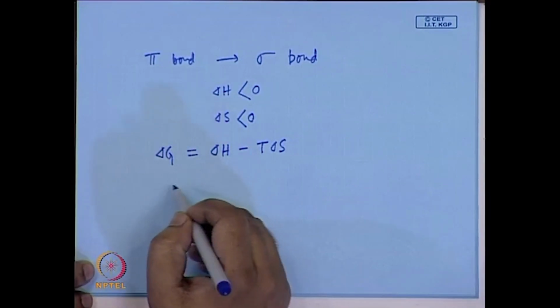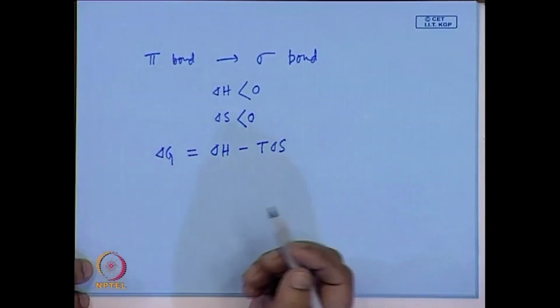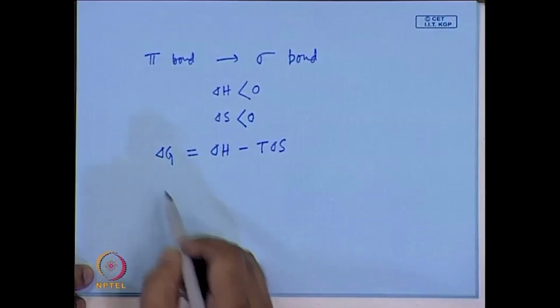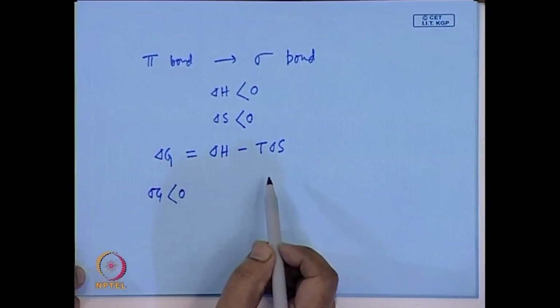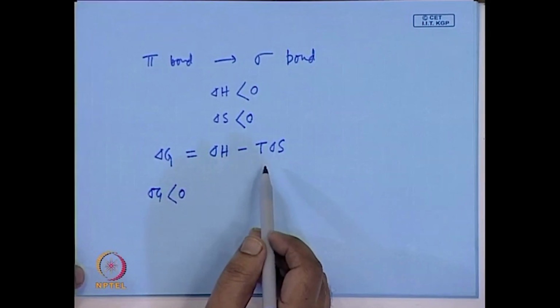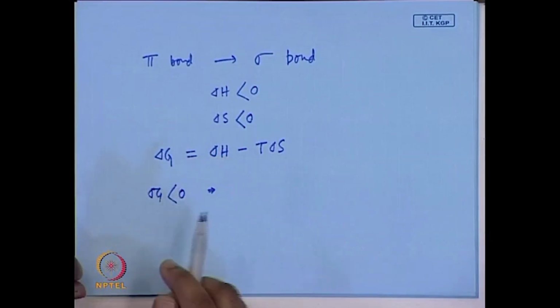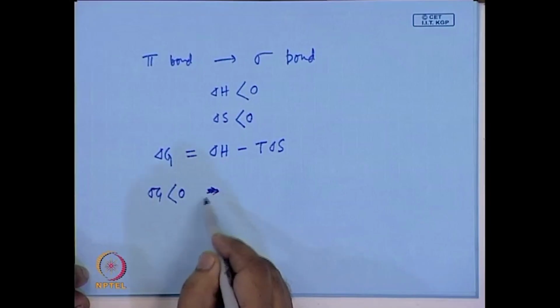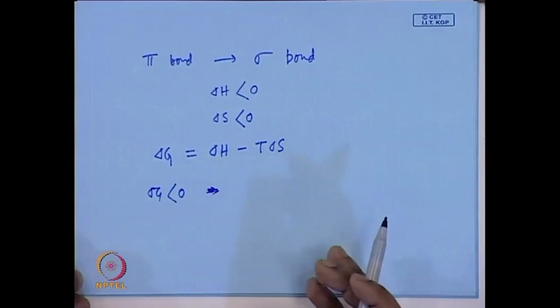So these chain polymerizations are thermodynamically feasible in most cases. This delta G is less than 0 for the typical temperature where we do reactions in the lab, which means that most of these double bond containing monomers should polymerize given their thermodynamic feasibility.